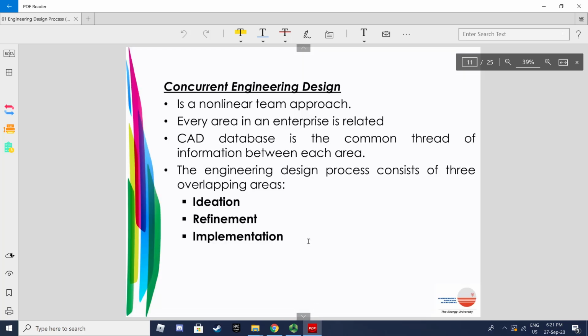Concurrent engineering design is a non-linear team approach, and every idea is integrated in CAD, which is computer aided design, or sometimes called CAE, computer aided engineering. A database is the common thread of information between each area, and the engineering design process consists of three overlapping areas: ideation, refinement, and implementation.